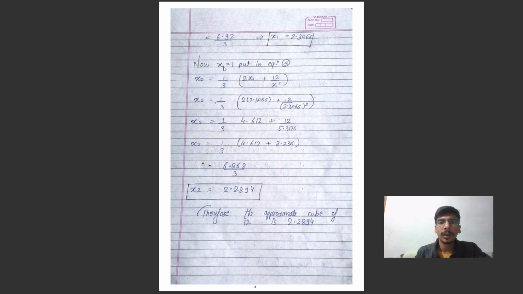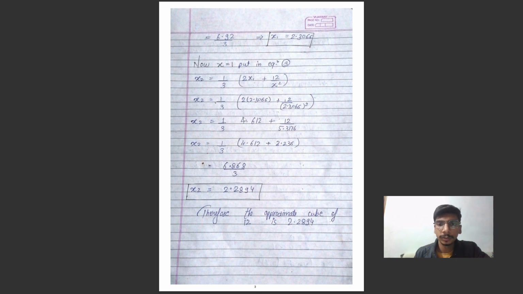Now we are putting n is equals to 1 in equation third. So here n plus 1 will become 1 plus 1 is equals to 2, and x2 is equals to 1 upon 3 into 2x1 plus 12 upon x1 square. Here at the place of x0 we will put the value of x1, because we have got this earlier.